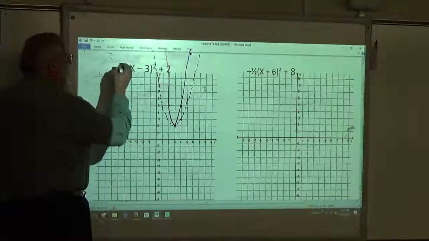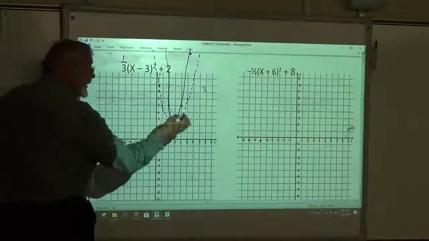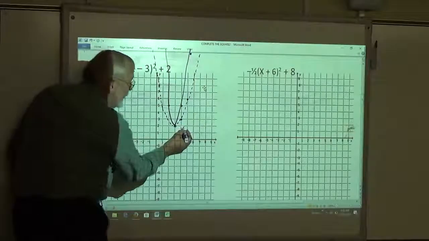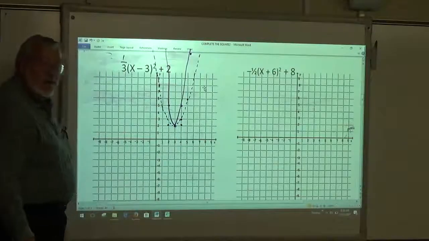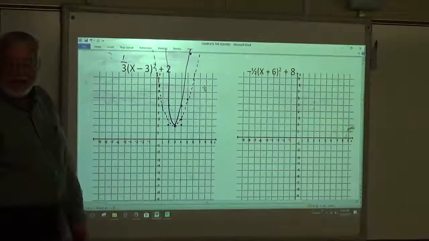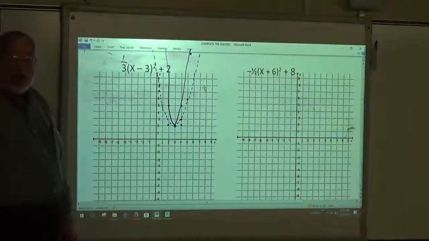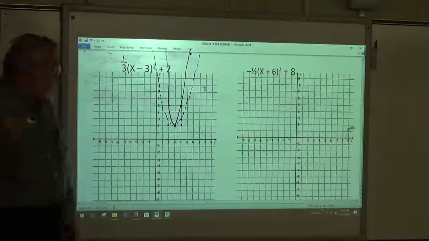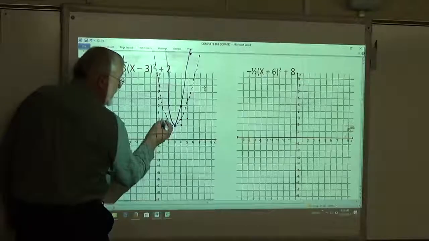Now, if this was 1/3, I'd be over 1, up 1 times 1/3, which would be way down here. Very hard to do because the size of my pen is about the same width. And then over 2, up 4. 4/3 is 1 1/3, right? So over 2 would only be up here.